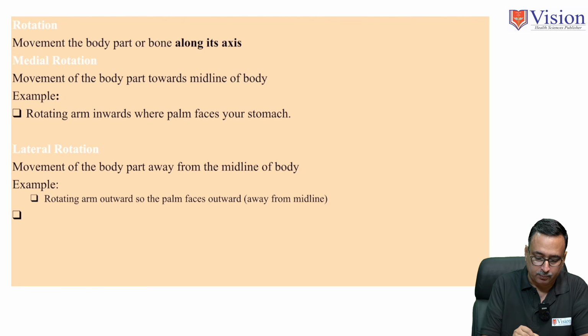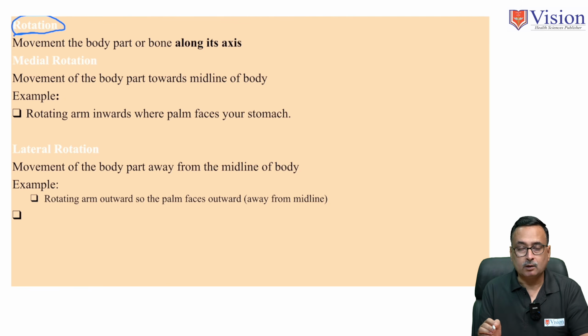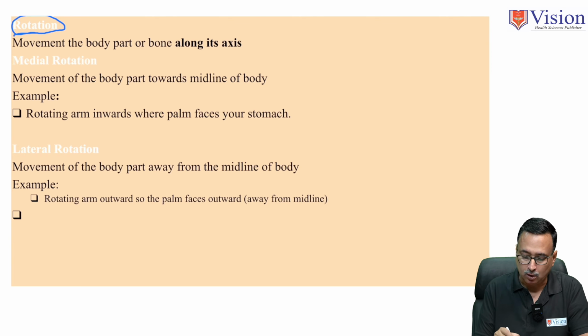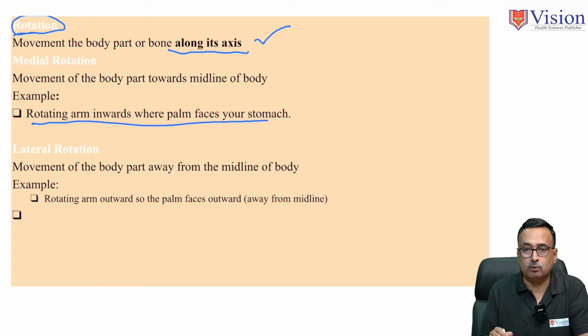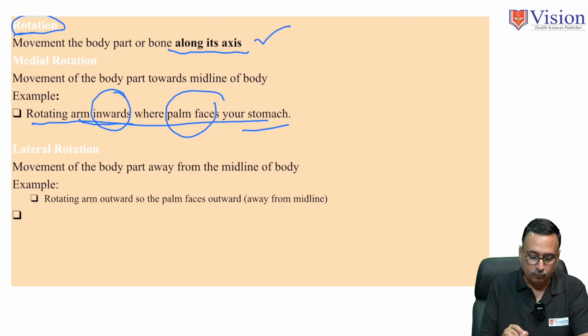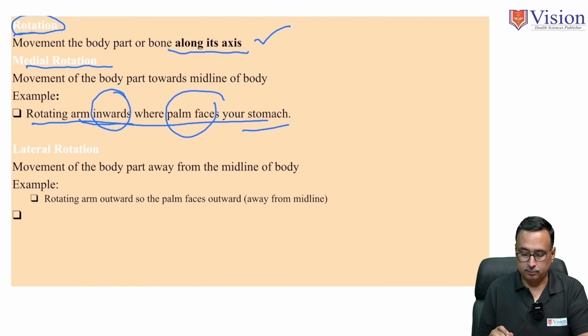So another type of movement is rotation. Rotation is a movement of a body part when it turns around its long axis. Suppose it is a rotation of an arm. When an arm is rotated in such a way that during rotation it moves inwards towards the midline and the palm faces the stomach, we call it medial rotation.